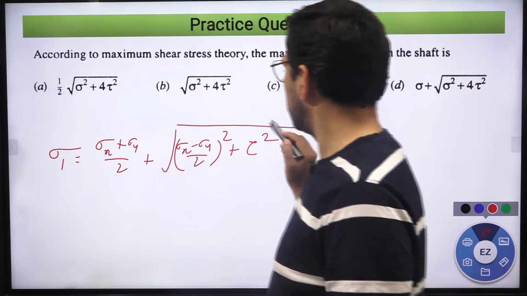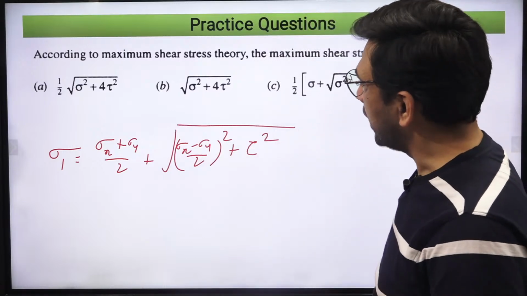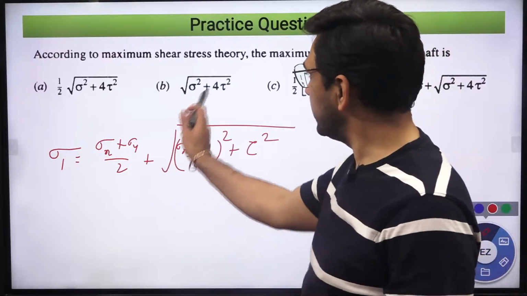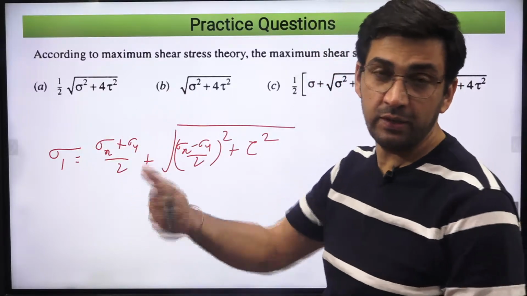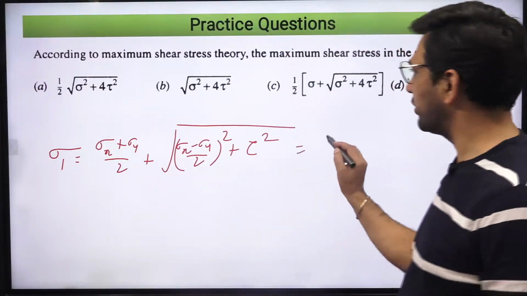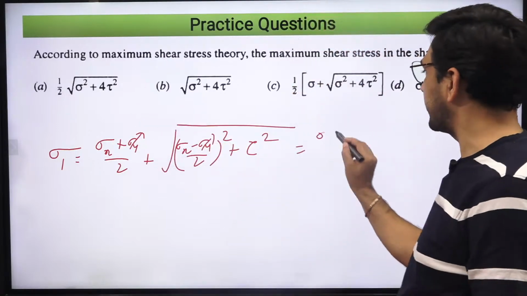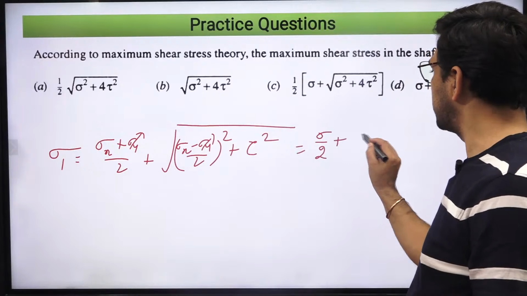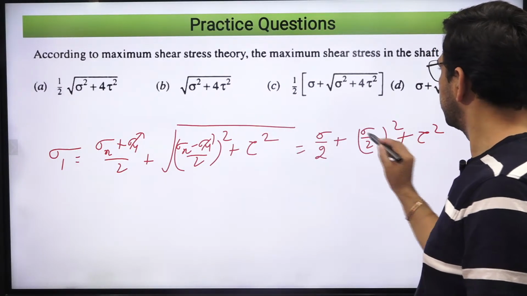Now in this case, since you have only one normal stress, either bending or something, I can ignore one of them. If I ignore y, I have only one normal stress. So I can say sigma by 2 plus the square root of (sigma by 2) square plus tau square.